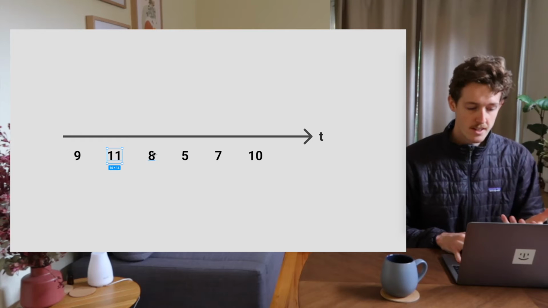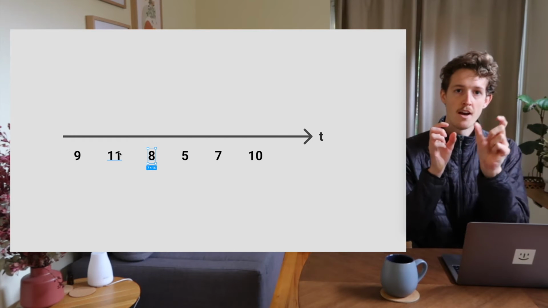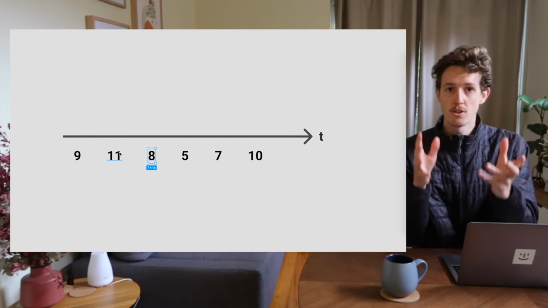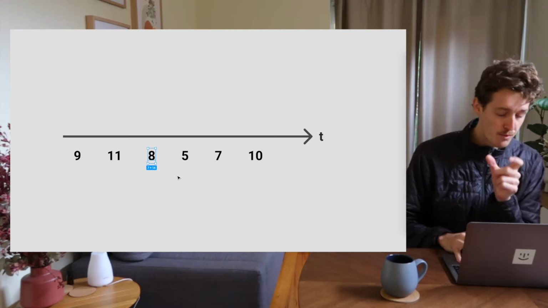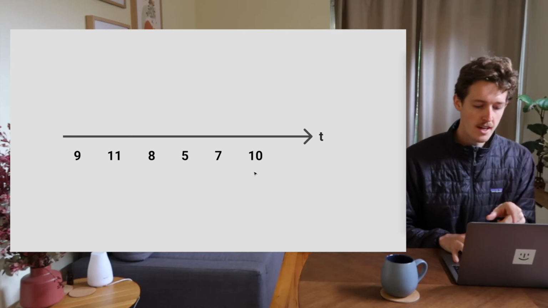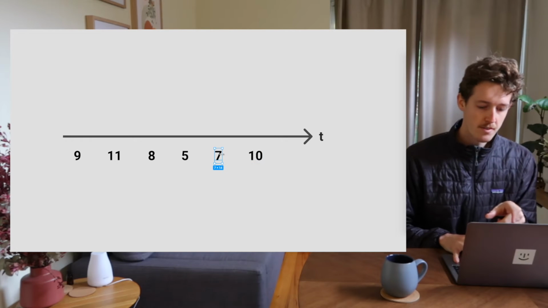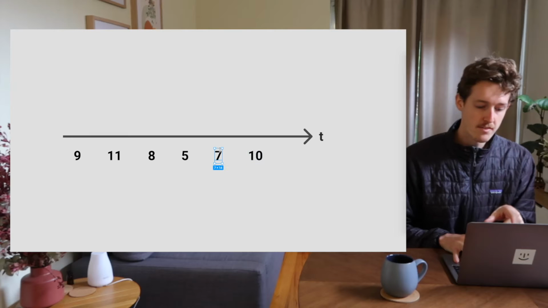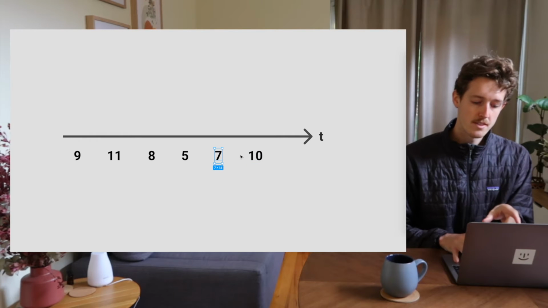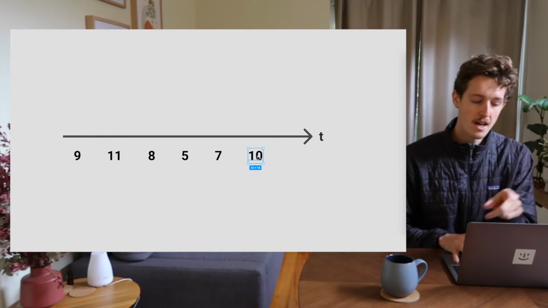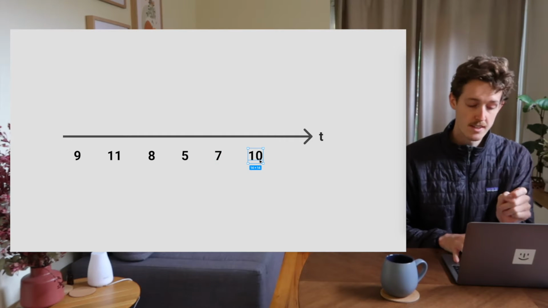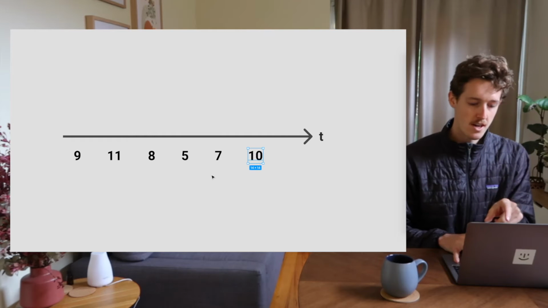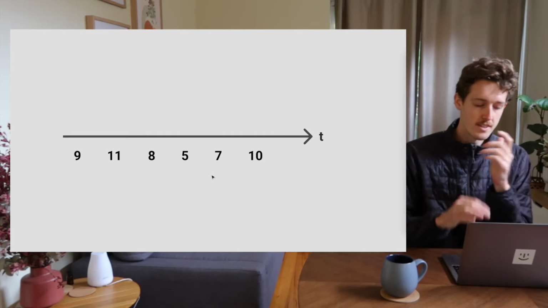Then go on to 11 and 8 and do the same thing, and find which pair of numbers yields the greatest profit. This comes back to my last point: we can't just use any pair. You can't say buy at 10, sell at 7, because 10 comes after 7, so you can't do that. There's a strict ordering on these numbers.